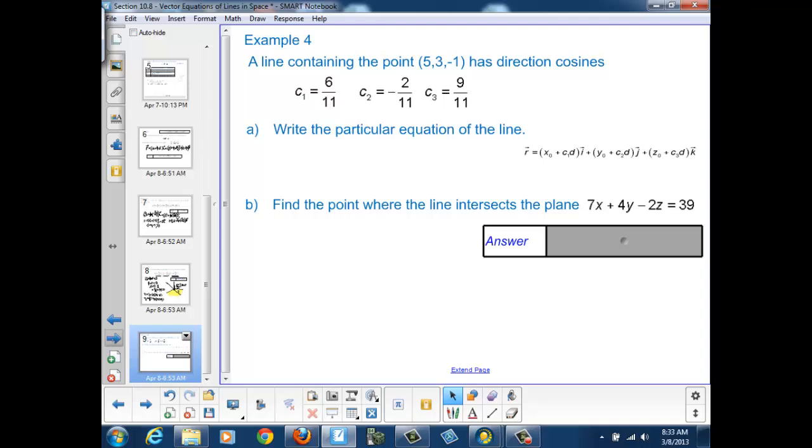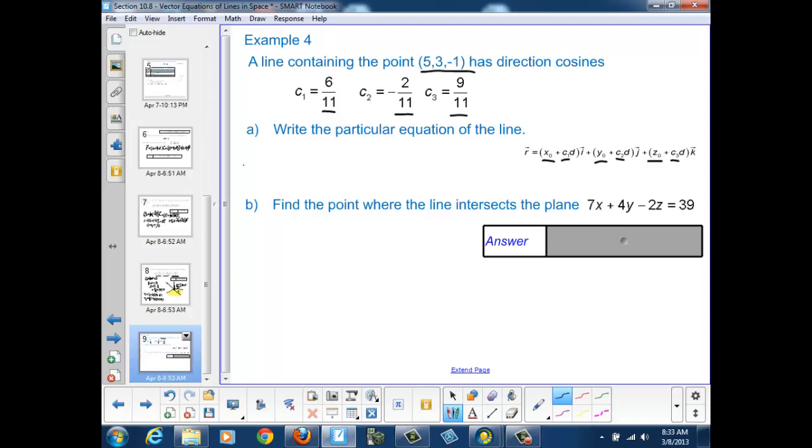Alright, here we have a line containing the point (5, 3, -1), and it has direction cosines 6/11, -2/11, and 9/11. First thing we're being asked to do is write the particular equation of the line. Remember that this point (5, 3, -1) is going to be the x0, y0, and z0 in my equation for my line. My direction cosines are also the coefficients of my unit vector, which fit right into the equation for my line.